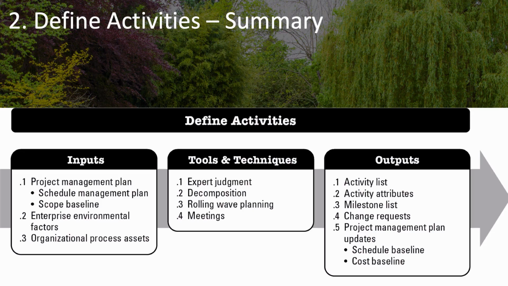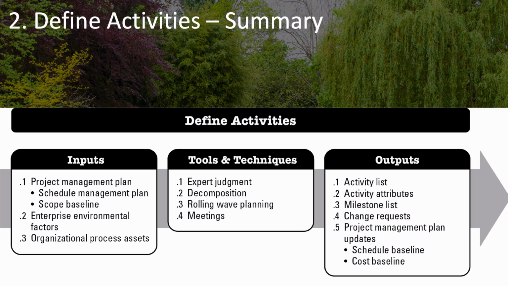Many different processes have change requests as a possible output, especially in planning. Also, your work to create a schedule or to define activities may require that you make some updates to your schedule baseline or cost baseline. Going along with change requests, those and others may need to be changed.